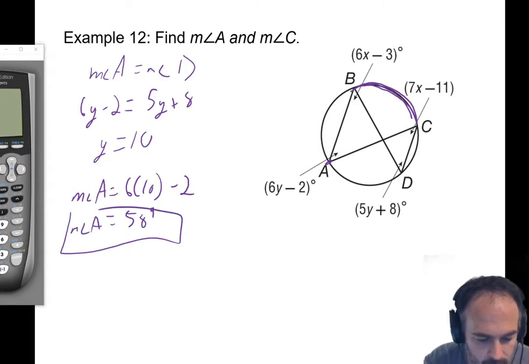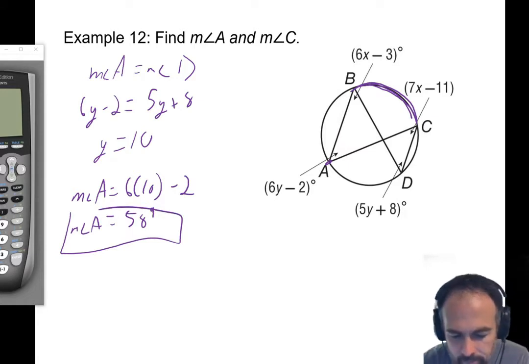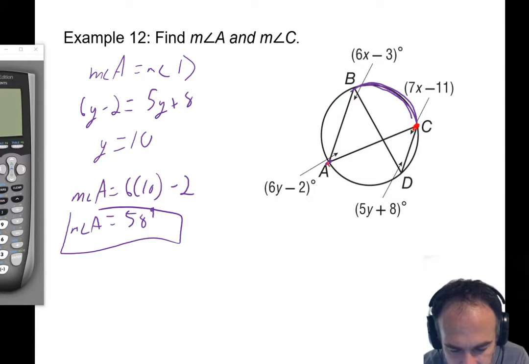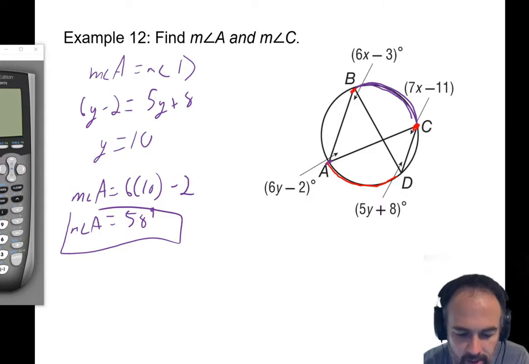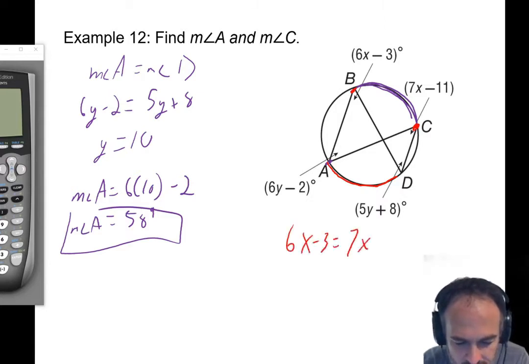We also want the measure of angle C, this one in red this time. Angle C intercepts arc AD, and so does angle B. Again, those are equal. 6x minus 3 equals 7x minus 11.